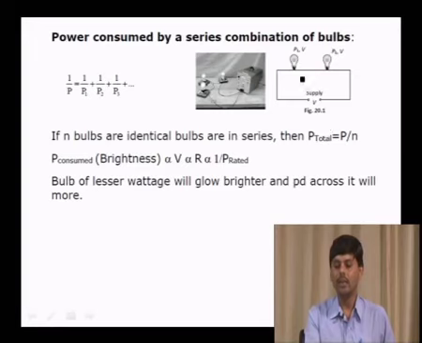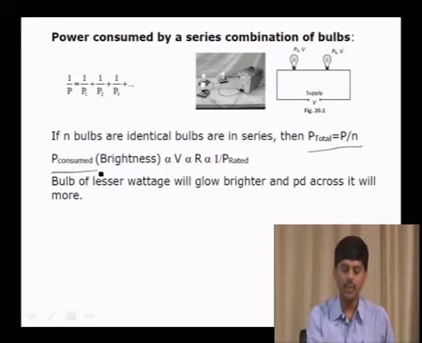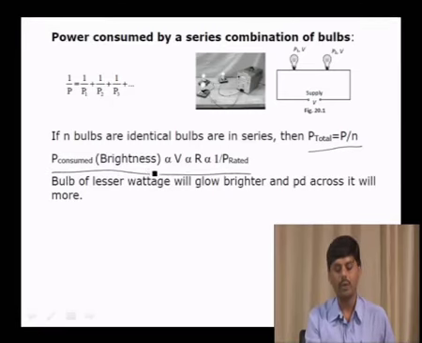If the powers are identical, say 40 watt and 40 watt, then the total power is equal to P divided by N. For a series combination, the power consumed, which decides which bulb glows brighter, is directly proportional to the voltage, directly proportional to the resistance, and inversely proportional to the P rated. P rated means whatever rating is written on the bulb.